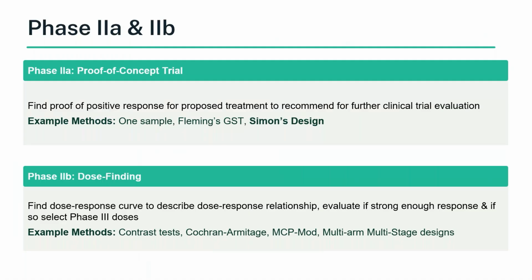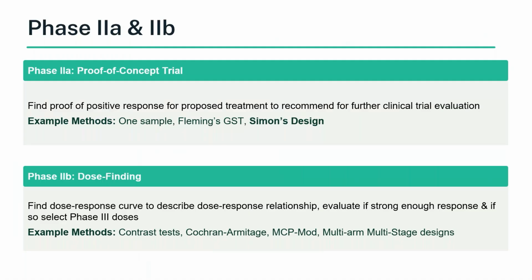Also, just to note that there is increasing emphasis on seamless designs, where the dose chosen from the phase 2B trial and the information from that trial is automatically carried over into the phase 3 trial. So, something like MAPS designs.